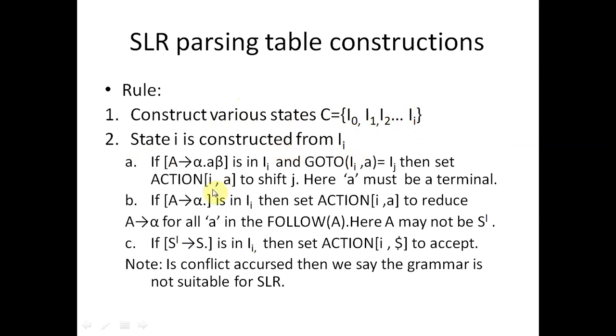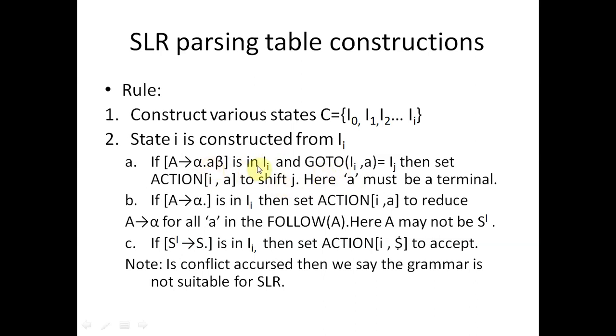After that we have to see what is written here. A produces alpha dot A beta in I of I, means a state is receiving a terminal. After the dot, a terminal is there. So if a state is receiving a terminal, then we have to see what will happen.